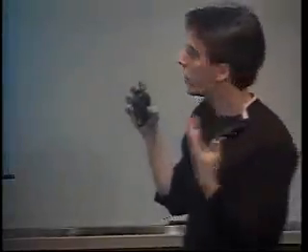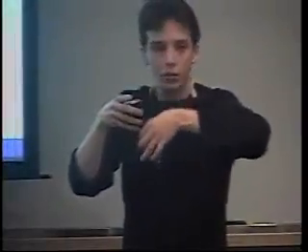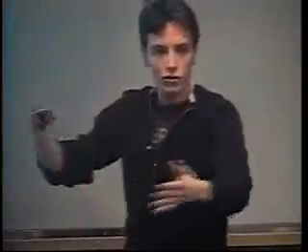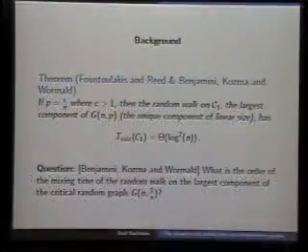If you know this, then it's not hard to guess this log square, because if you begin from one of these tails of order logarithmic, it takes you about log square time to get out of it, reach the expander, and mix. So this is it, and they asked a natural question: what happens on the critical random graph?